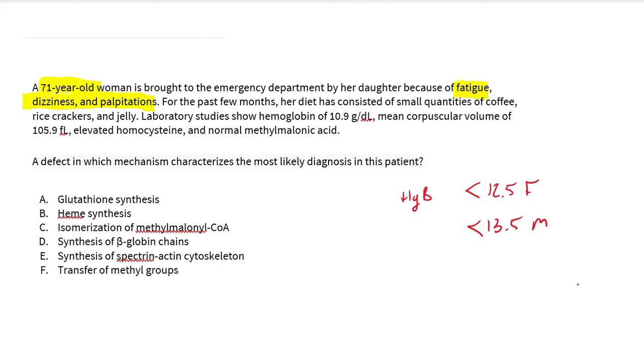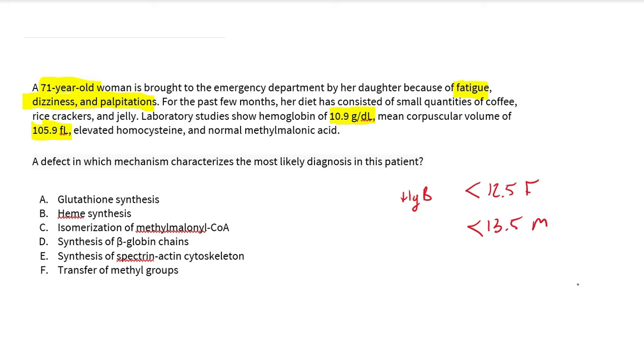We know that this patient has a hemoglobin of 10.9 grams per deciliter, which suggests that she is anemic. Additionally, we are told that this patient has a mean corpuscular volume of 105.9, which is greater than 100 and suggests a macrocytic anemia.